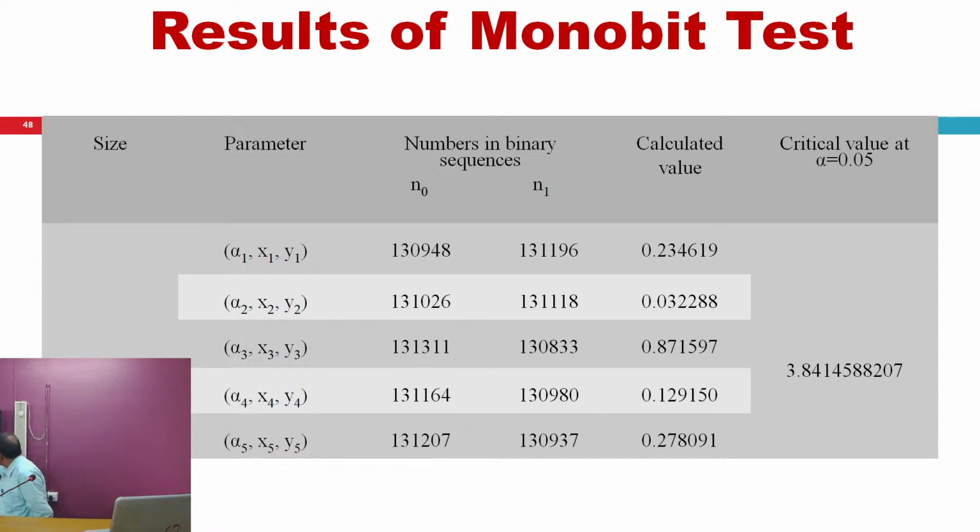If it is below that, it is homogeneous. Normally, the chi-square test gives the homogeneity. But in cryptography, with the chi-square test we normally go for the heterogeneity. That means it should be more than that. But here it should be similar. So that's why it should be less than that. So if it is less than 3.84, that means it is good. That means it is satisfied, but bias is there.